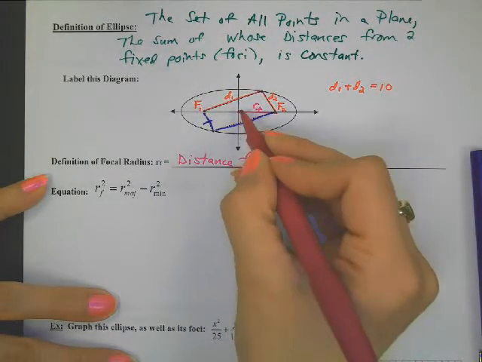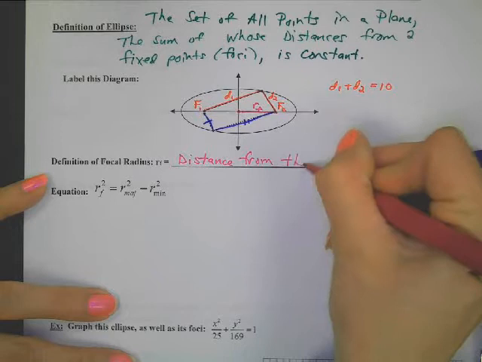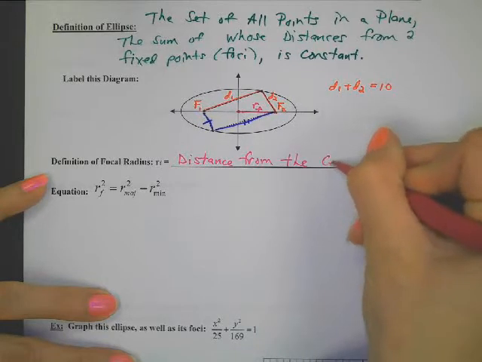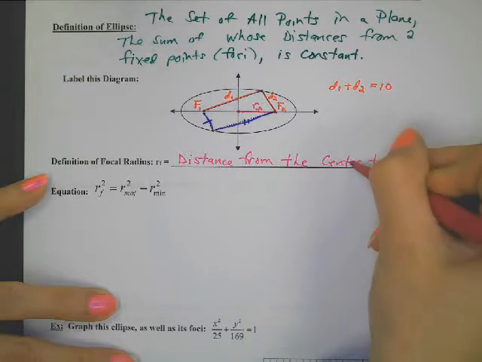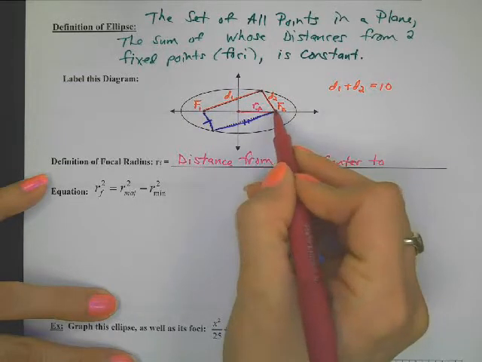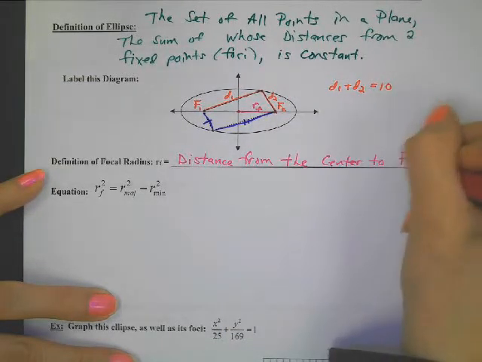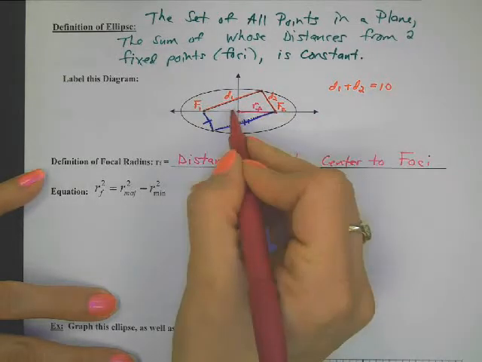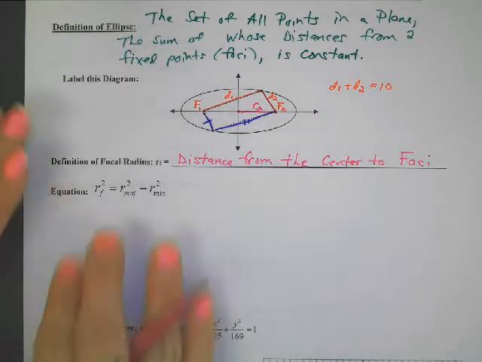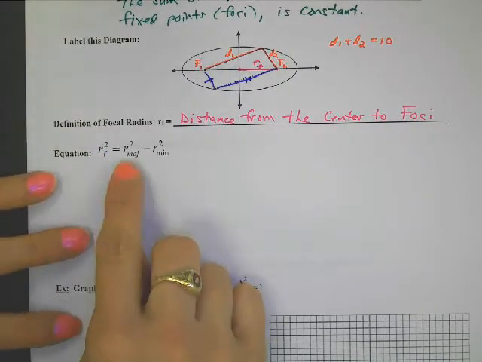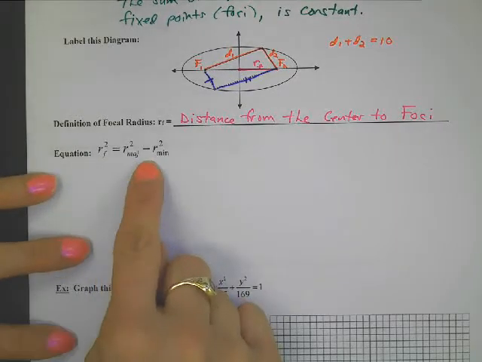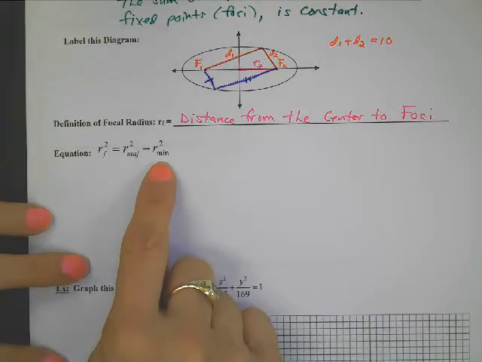It always starts at the center, distance from the center, and then where does it go to? It goes to the foci, and it goes left and right. There's another r sub f going that way. Here is an important equation you must study. Okay, r sub f squared equals r major squared minus r minor squared.